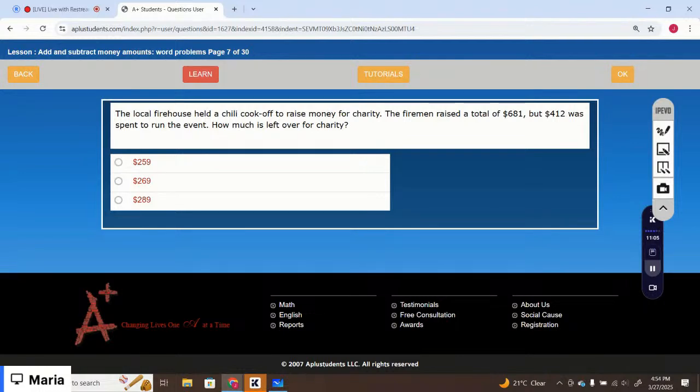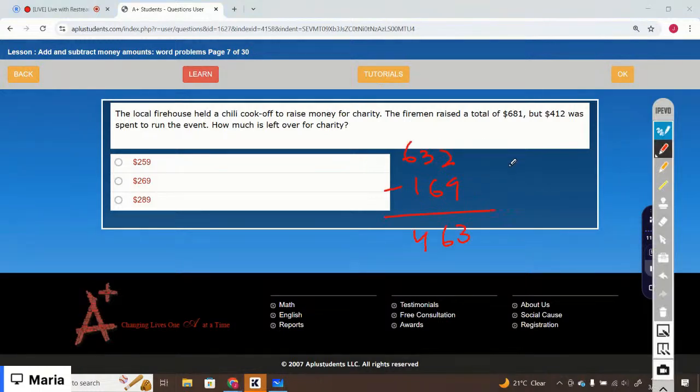The firemen raised a total of $681, but $412 was spent to run the event. How much is left over for charity? So, which is the correct option? You have to subtract 412 out of 681.